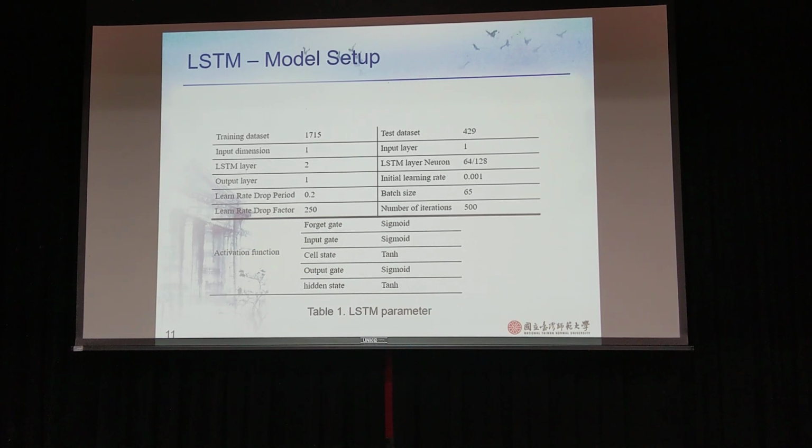And then it's the model we use to predict and estimate the solar irradiance. In this part, we take, for example, this LSTM model parameter I use to train the estimation and forecasting. There are 2,144 images, and 80% we use for training and 20% we use for testing.